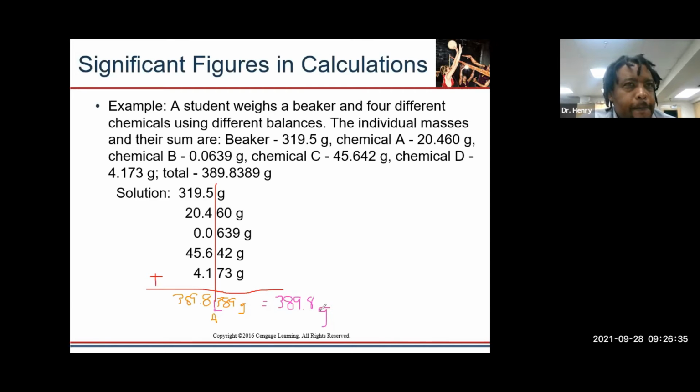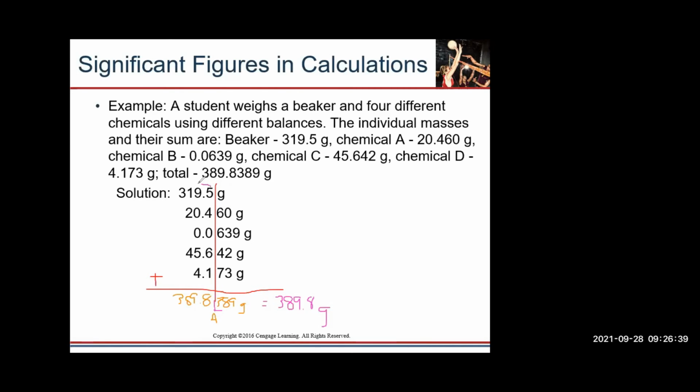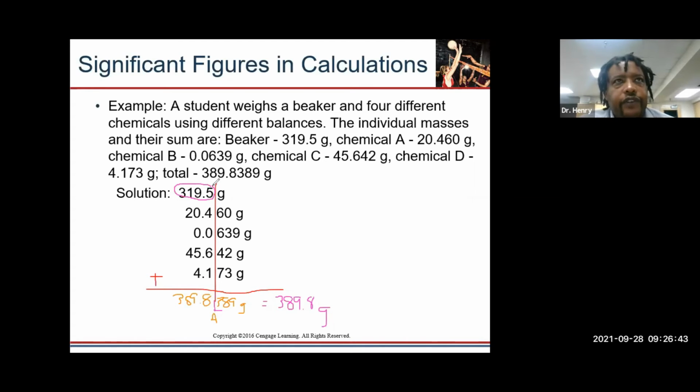Does that make sense? Yes, it does. Because this very first number has uncertainty only after that 5, right? So we can't go further, we're not sure about anything else because we don't know what follows that 5. We don't know if this is really a 5 or just a 4.7, right?